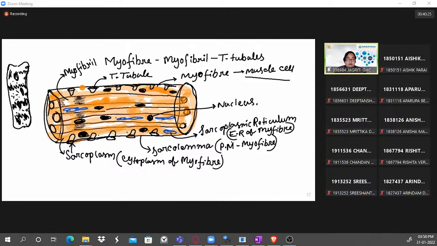That is the reason skeletal muscles are called striated muscles, because of the striation, which is visible in myofibrils, and can also be seen in the myofiber as well as the muscle cells.